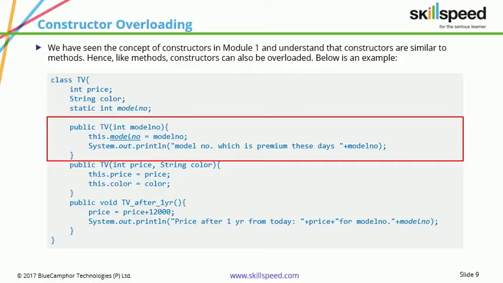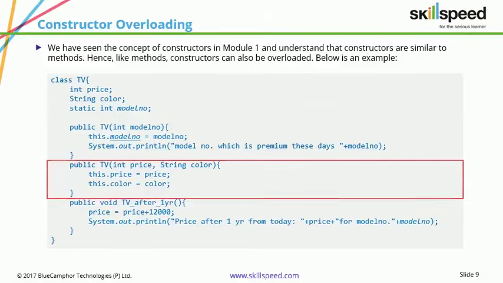I have the next constructor, which is public TV, where I am giving integer price and string color as the parameters into the public TV constructor, and these two local variables, price and color, I am assigning to the instance variables price and color using this dot price is equal to price and this dot color equals color.